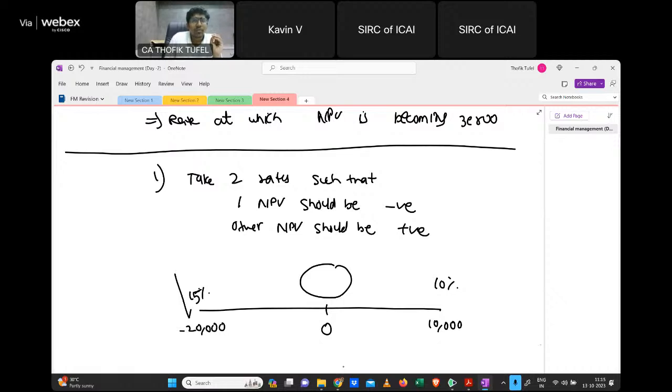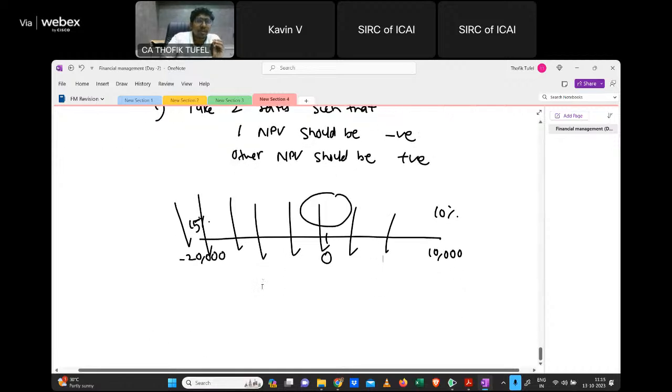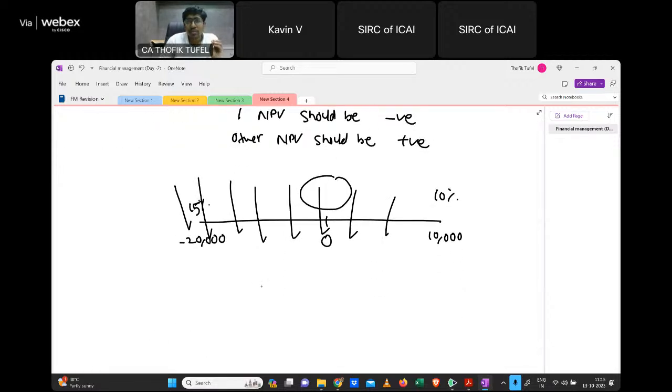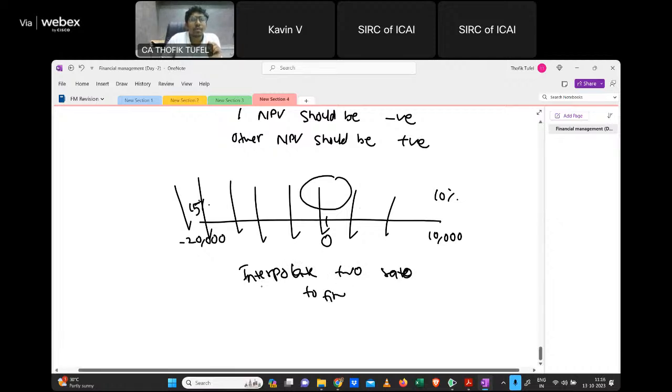Okay, so this is what you have to do. You have to take two rates, one should be positive, one should be negative, and then interpolate those two rates to find out the IRR. To do this, two methods are there. One is the formula method, another one is the conceptual method.